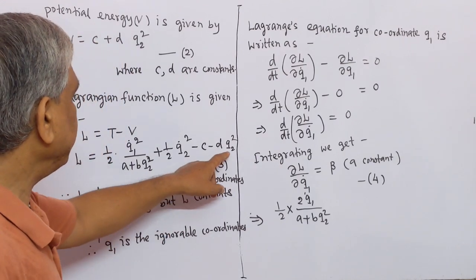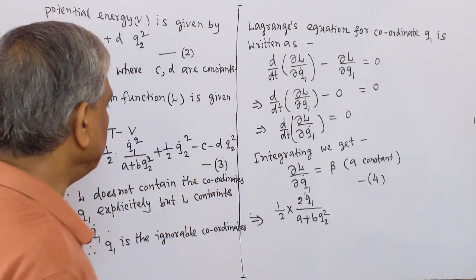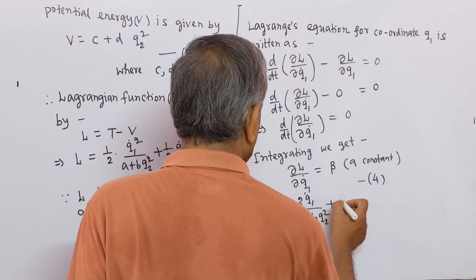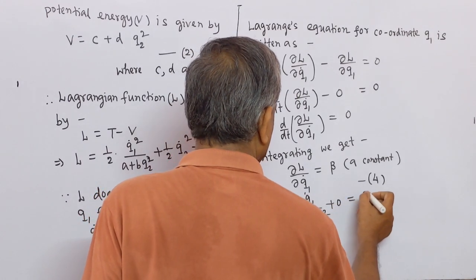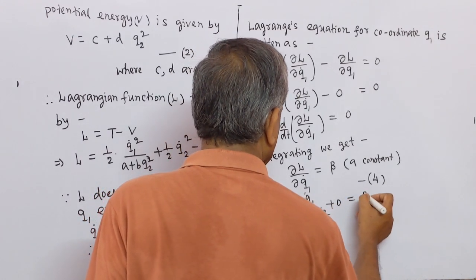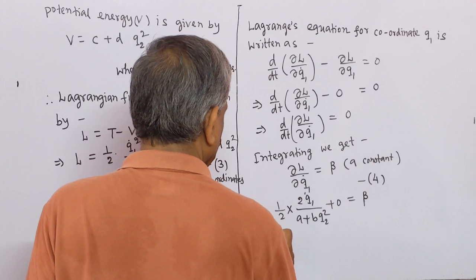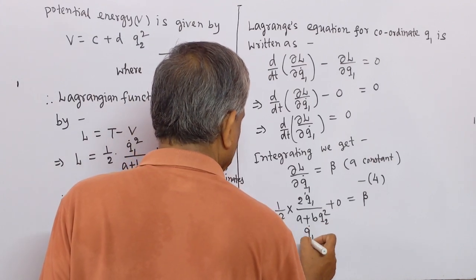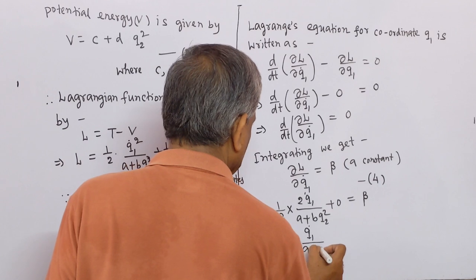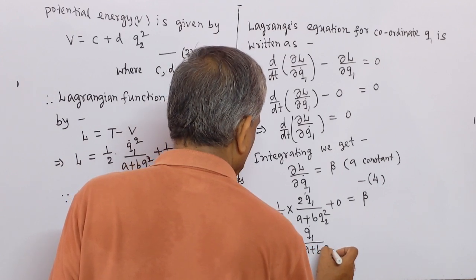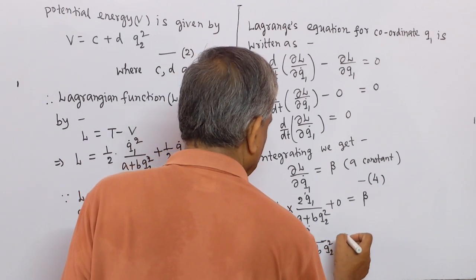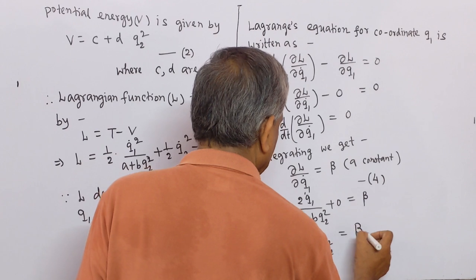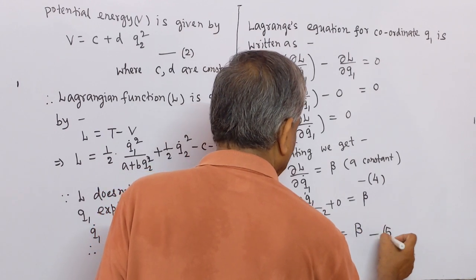Here we do not get any Q1 dot in the other terms, so those will be 0. This equals beta, which implies Q1 dot by (A plus B Q2 square) equals beta. This is number 5.